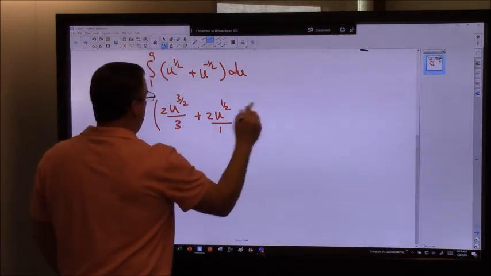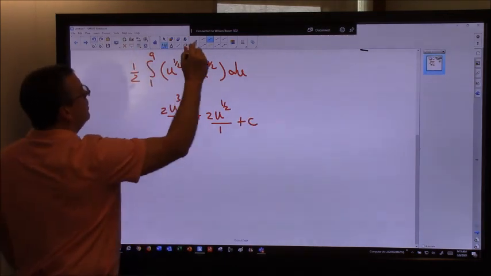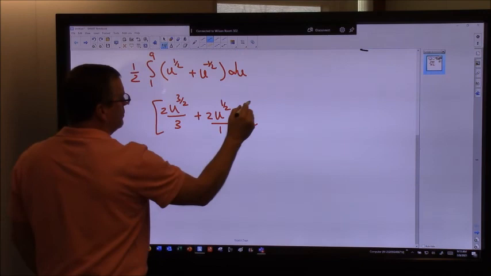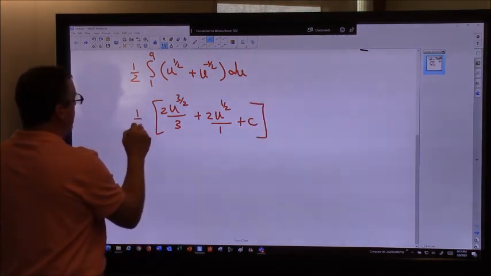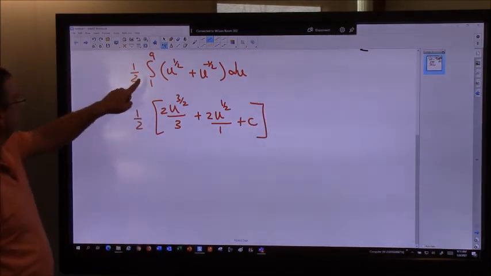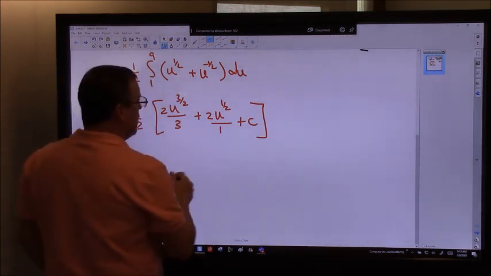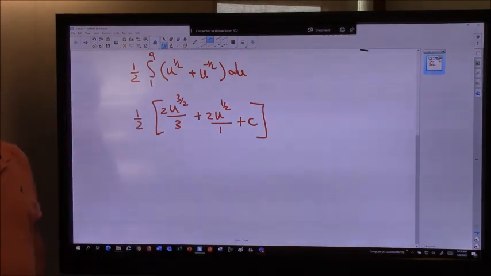And I still have this 1/2 out in front, and we're evaluating from 1 to 9. Oh, I didn't need the c value, did I?